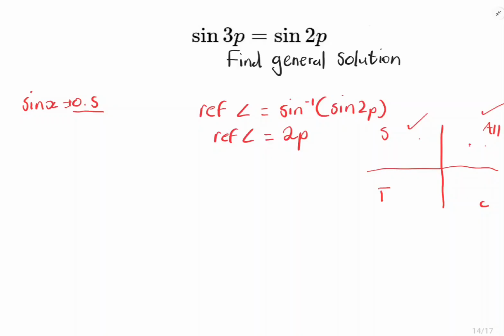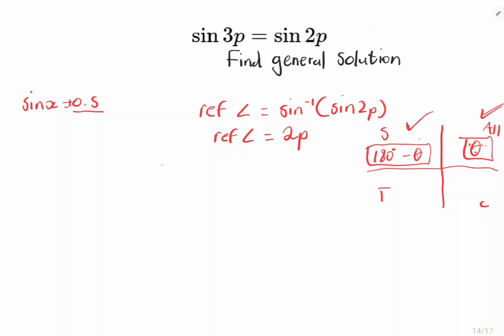So in this situation, sine 2p belongs to its Sine quadrant and to the All quadrant, because all of them share it. So we are going to use these two forms, and we know that this angle is a reference angle.